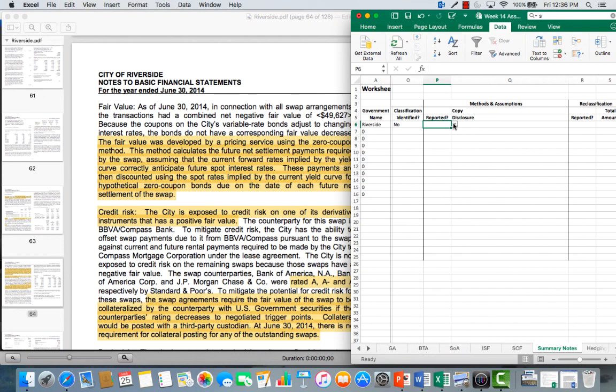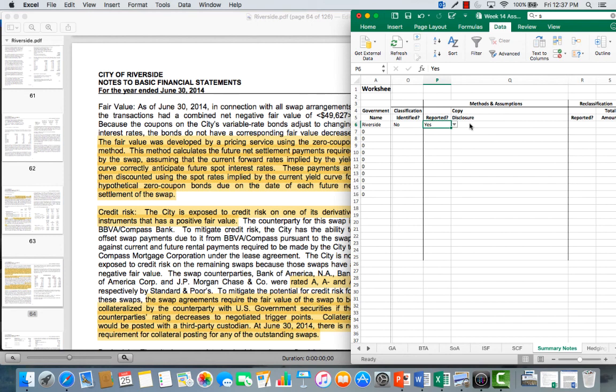The only time they have to do that is if they're not market quoted fair values. So if there is an index or an exchange where they can get a market quoted number, they don't have to disclose anything. They're only disclosing methods and assumptions when they have to come up with another way of determining fair value other than level 1 observable inputs from the market.